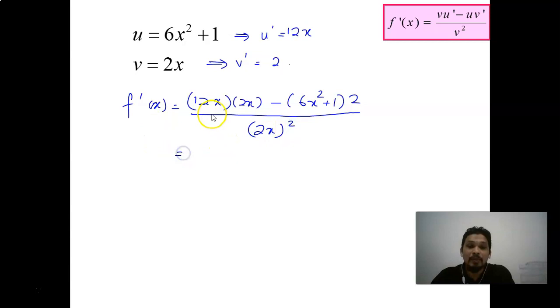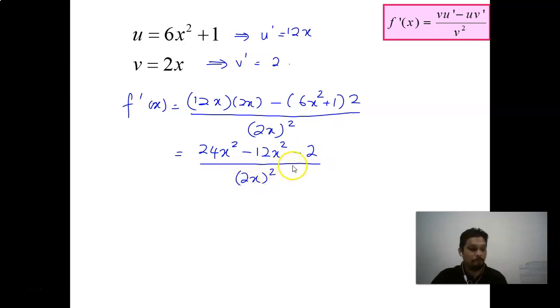Okay, now 12x times 2x is 24x squared, minus 6x squared times 2 is 12x squared, negative times 1 and 2, negative 2, divided by (2x) squared.